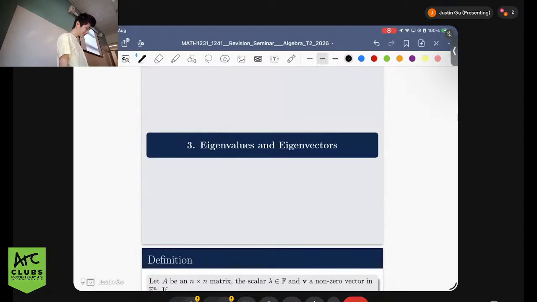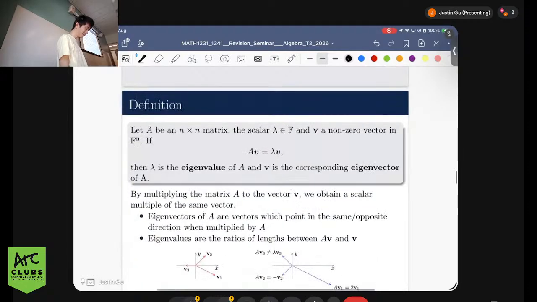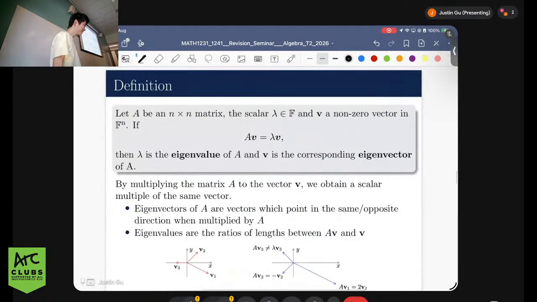Right. So if you recall what an eigenvector is, we can talk about eigenvectors of both linear transformations and matrices, but since we have that theorem that every linear transformation has a corresponding matrix, we usually only talk about eigenvalues and eigenvectors in terms of matrices because they're easier to work with.